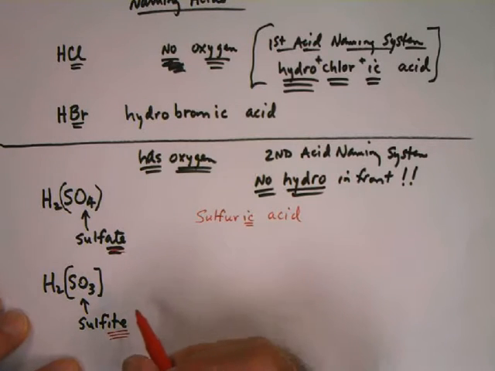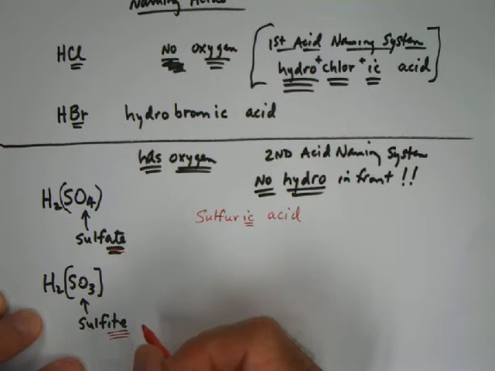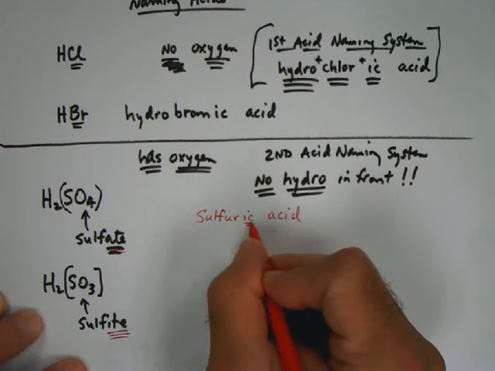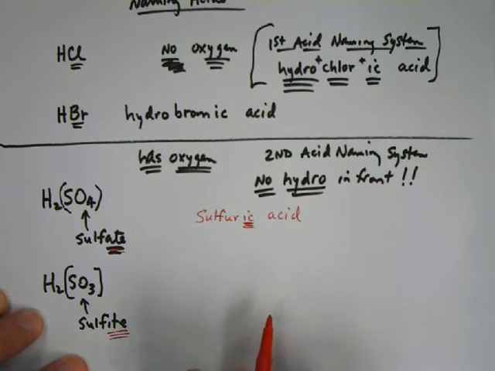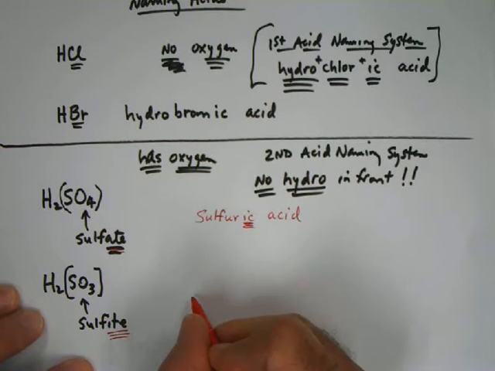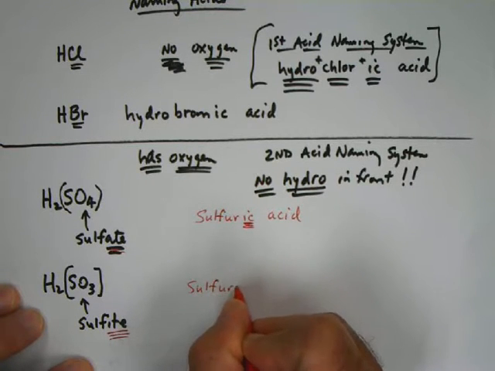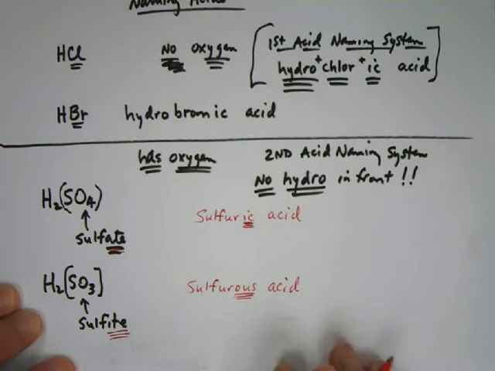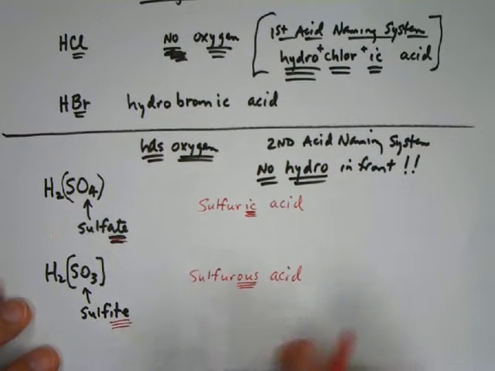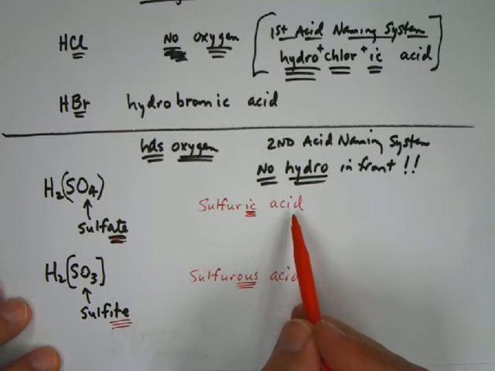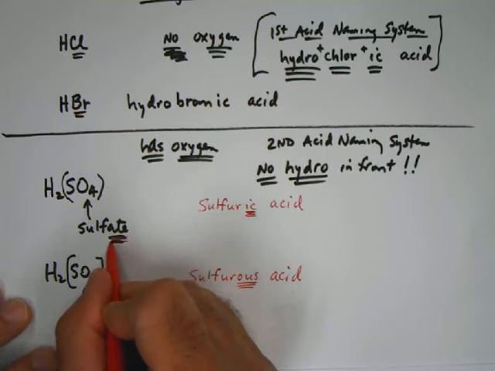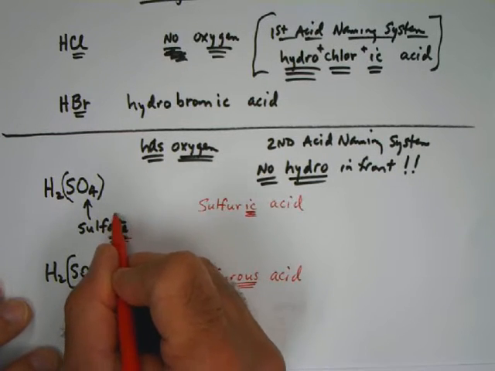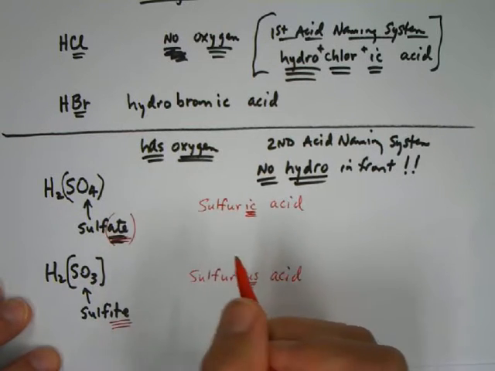So H2SO4 is sulfuric acid because the SO4 is a sulfate that ATE is changed to ic. Some people would write sulfic acid, but chemists put that extra syllable in there, so it's really sulfuric. If, on the other hand, the oxygen-containing ion ends in ITE, you'd replace the ite with OUS, and so you'd have sulfus acid. But just to make it sound better, chemists call it sulfurous acid.